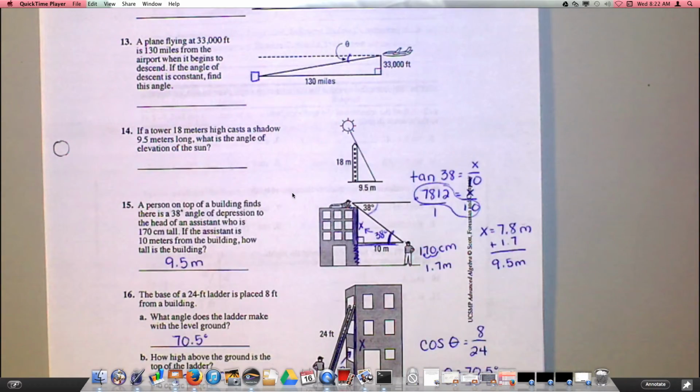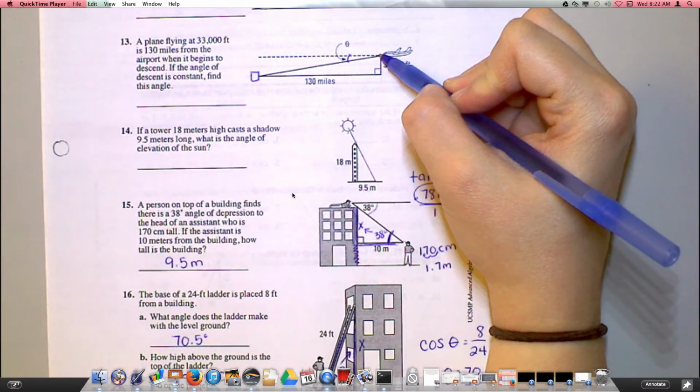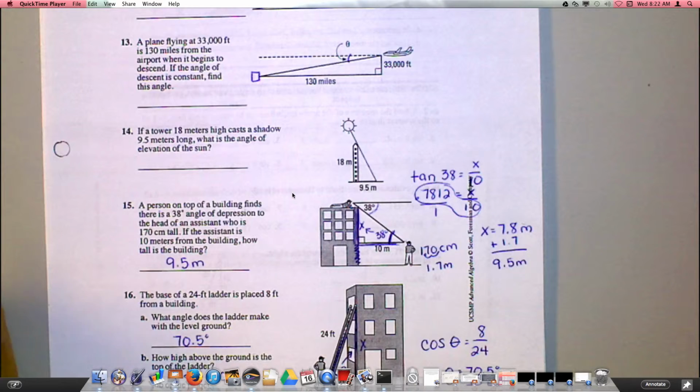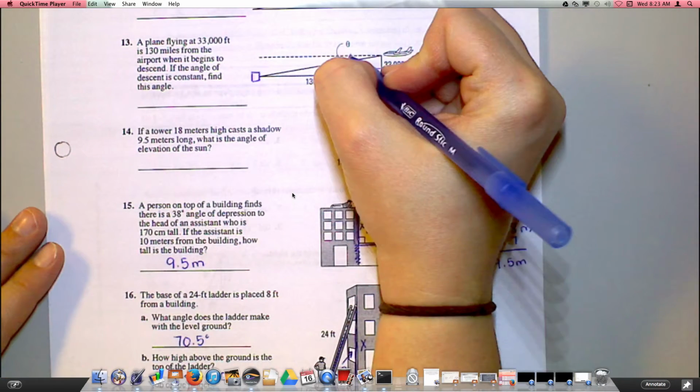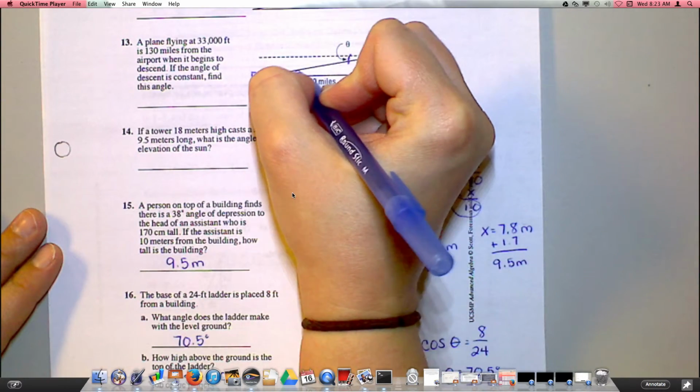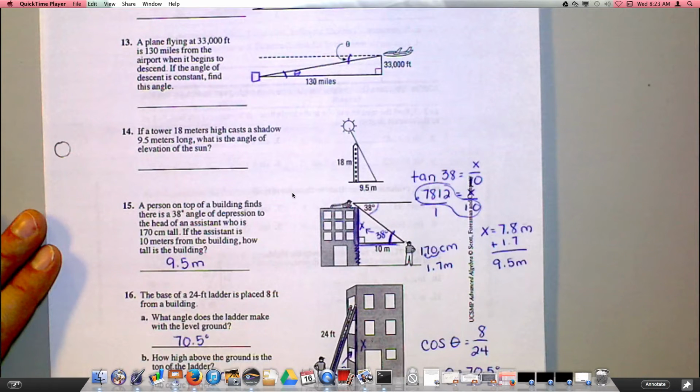It's 33,000 feet up in the air right now, and it's 130 miles away from that airport. So, what do I do? Yeah, that's exactly what I would do. This angle is going to be the same as this angle, right? So I'm going to put that angle down in my triangle.